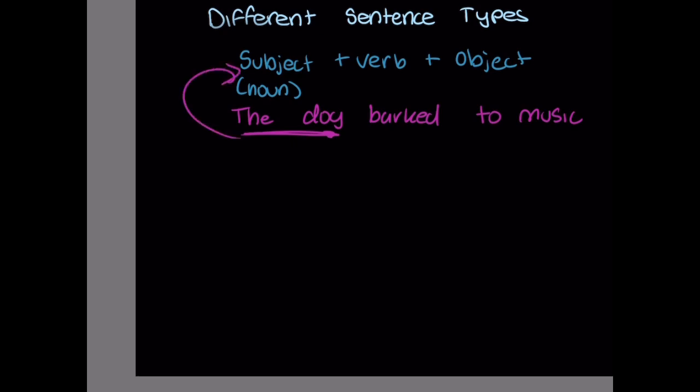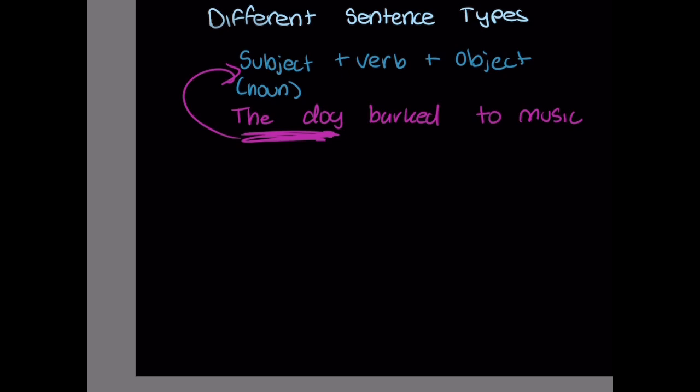It's what the main sentence is about. You could say the professor gave homework. The professor is the subject. It's what the sentence is talking about. And it's a noun, so it doesn't always have to be a living thing. It could be a book. It could be a place, because it's a noun: person, place, or thing.